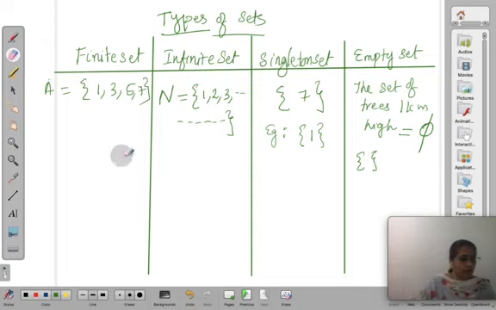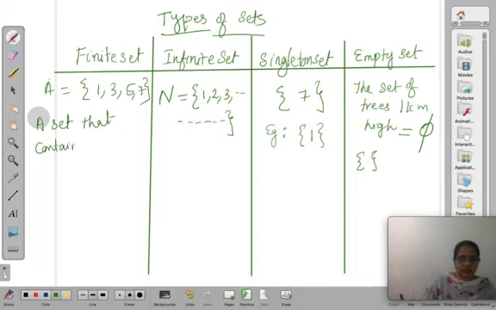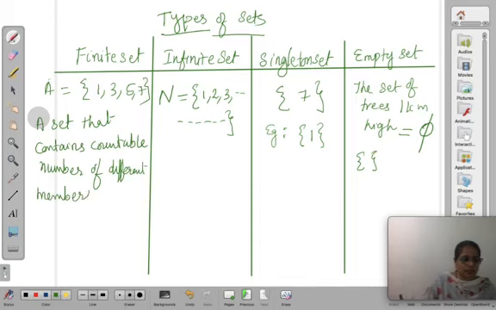Next example, first you write here finite set, a set that contains countable number of different members. A set that contains countable number of different members is called a finite set.